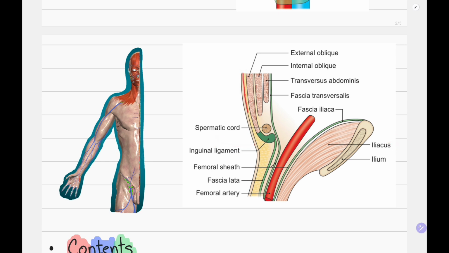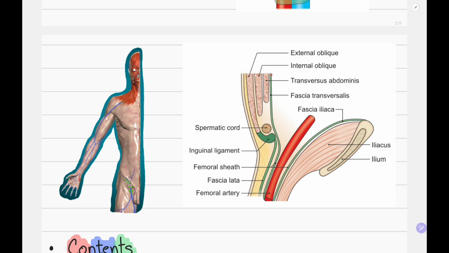This is our anterior abdominal wall and you are able to see the femoral artery. Right here is the sheath, which we have cross-sectioned. The anterior wall of the sheath is the fascia transversalis. As I've already told you, this fascia transversalis covers the transversus abdominis muscle of the abdomen.